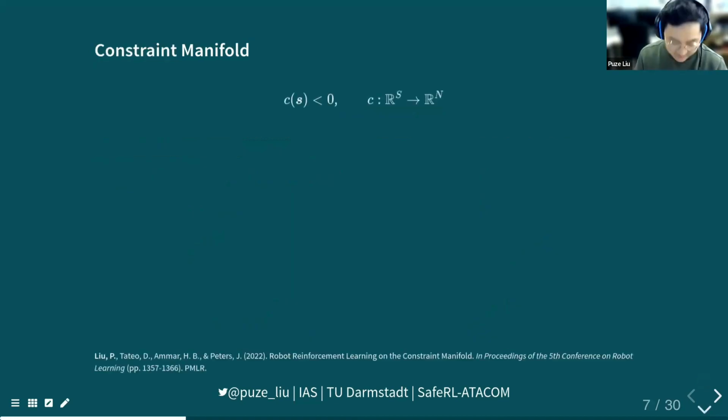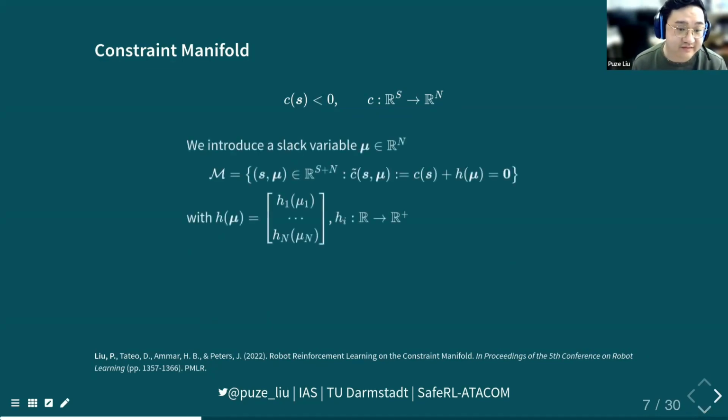Okay, this is the basic concept of the manifold, and it always deals with equality constraints. But what we are discussing in general would be inequality constraints. So we need to introduce a slack variable, such that we can construct an equality constraint.